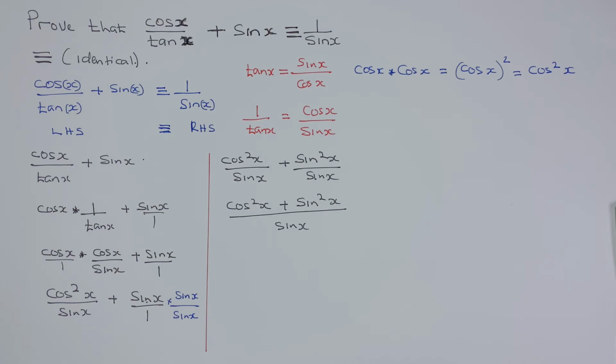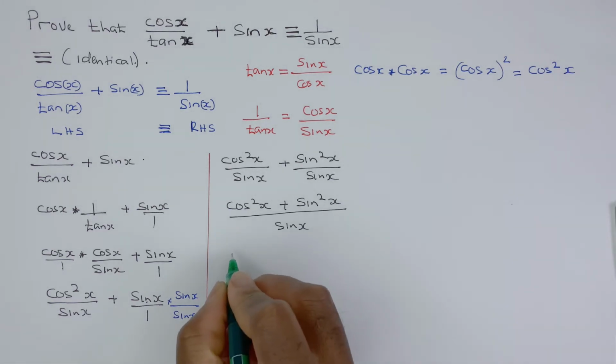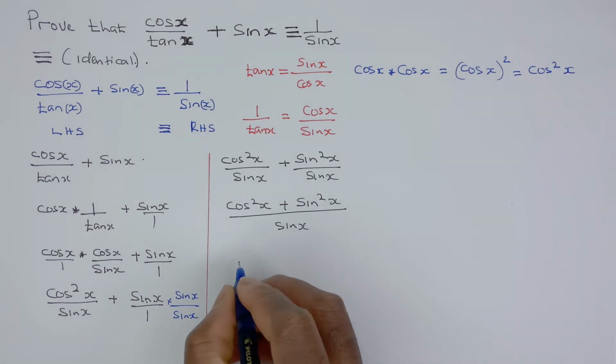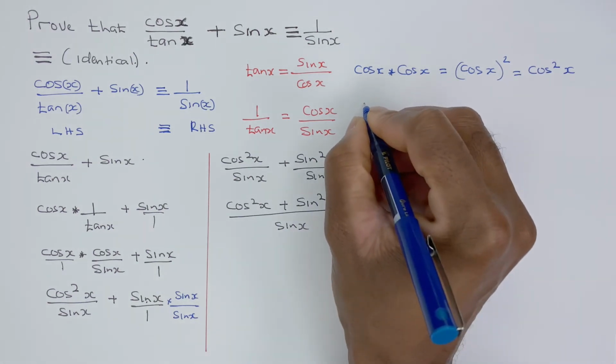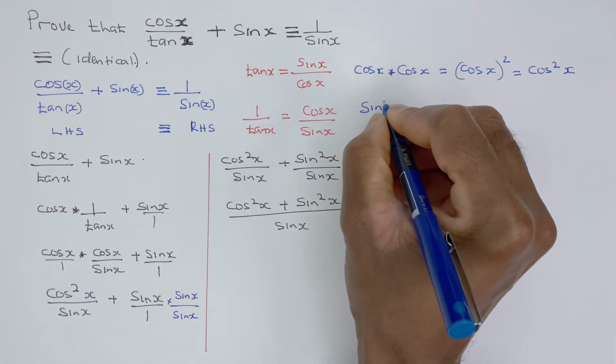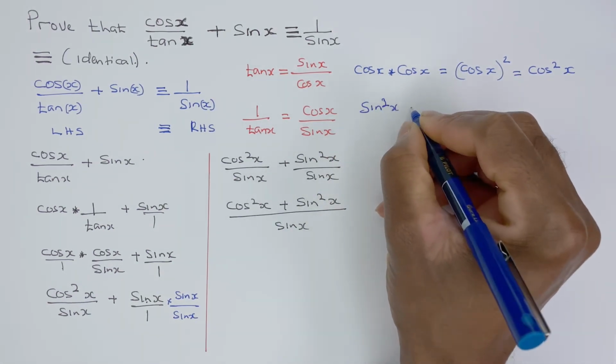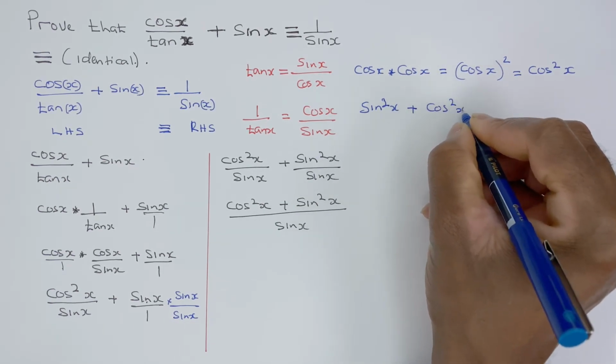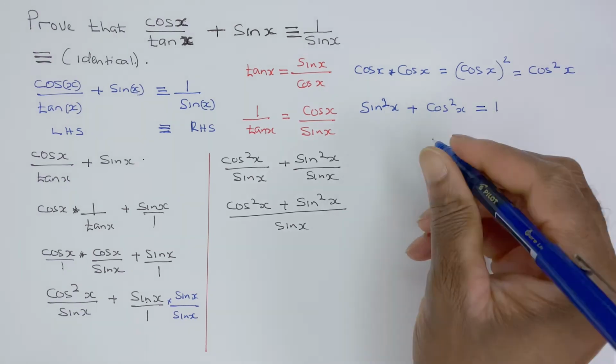But there's one fundamental identity that we need to remember, and that fundamental identity, if I write it here, is sine squared of x plus cos squared of x equals 1.